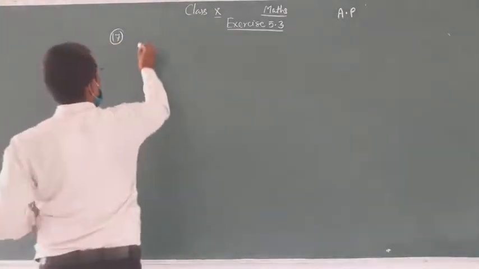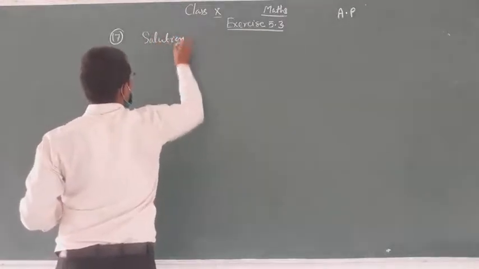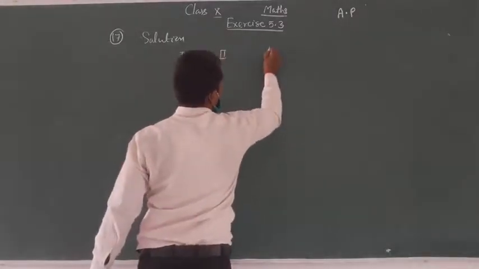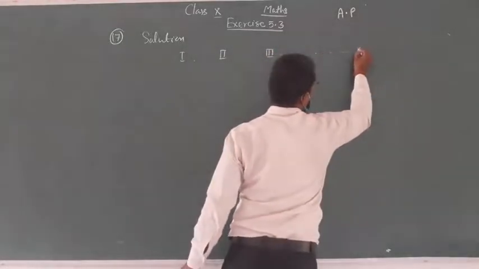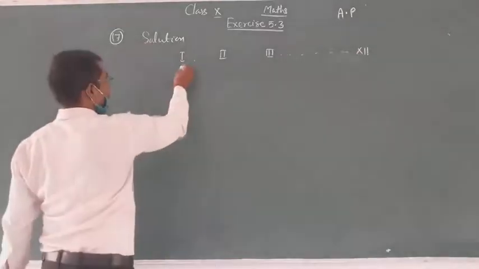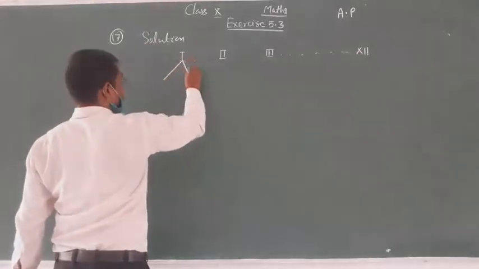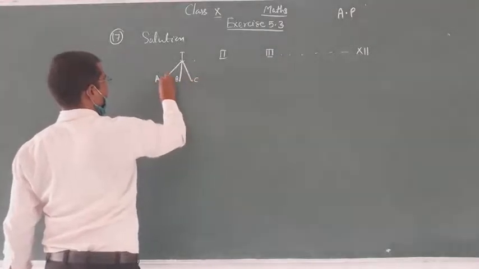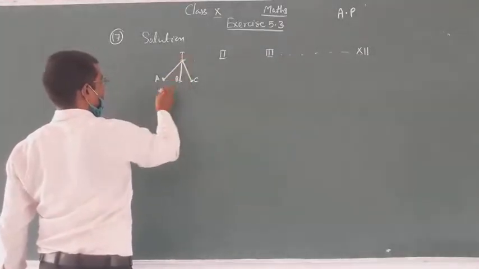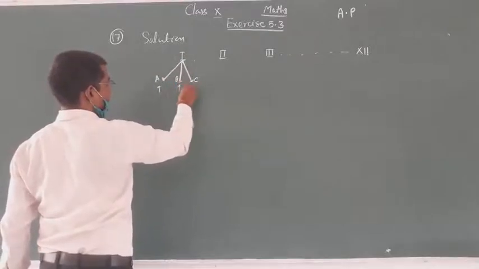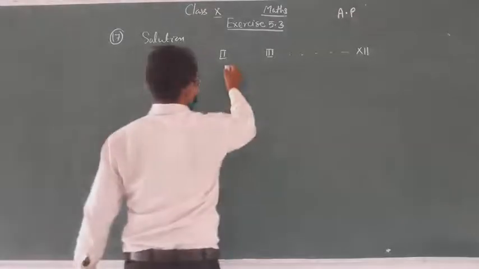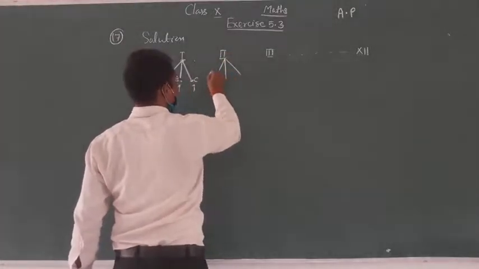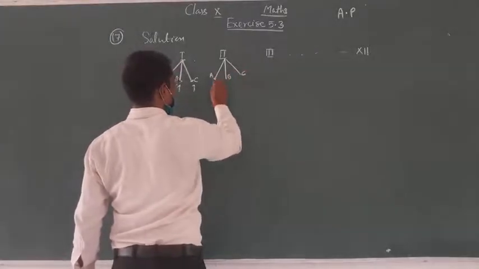So now let us start the solution. Class first, class second, class third, up to class 12. Now each is divided into 3 sections: section A, section B and section C. The first class plants 1 tree per section. The second class, sections A, B, C, plants 2 each. Class third, divided into 3 sections A, B, C, plants 3 in each section.